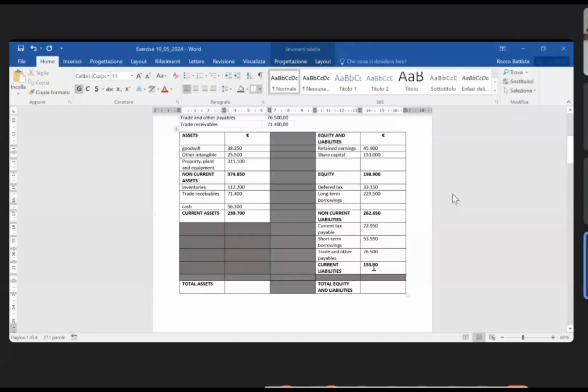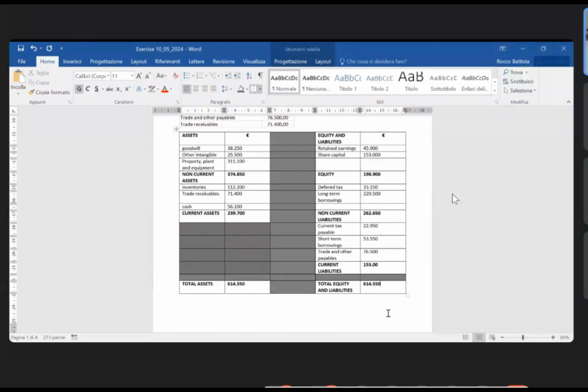That would be 614,550. Now let's do the sum of my total equity and liabilities, that is equity plus non-current liabilities plus current liabilities. It's the same. Okay, perfect.